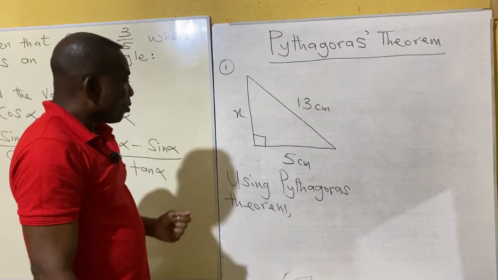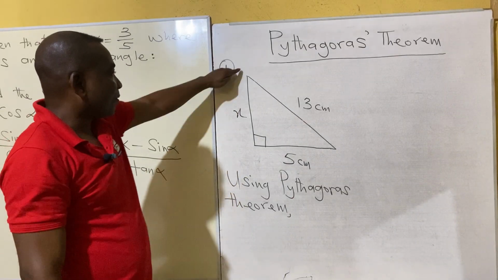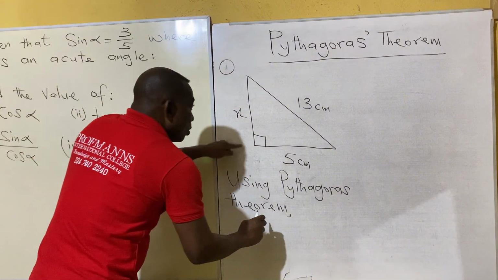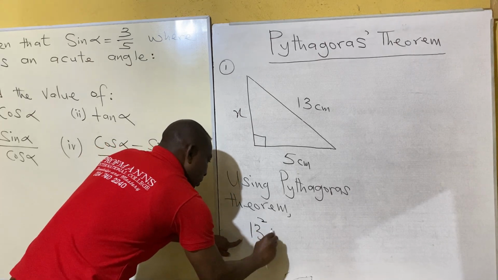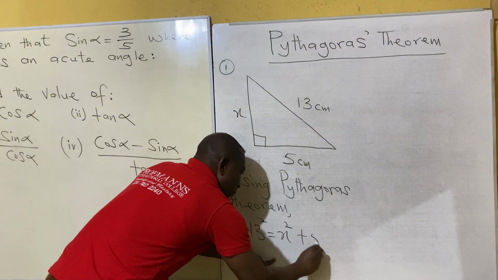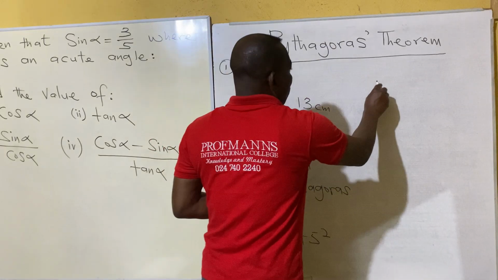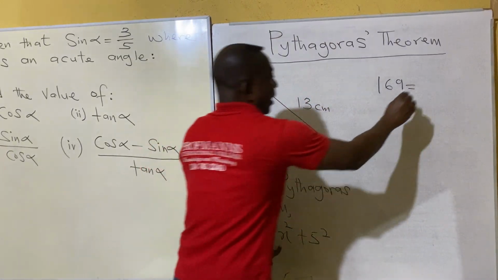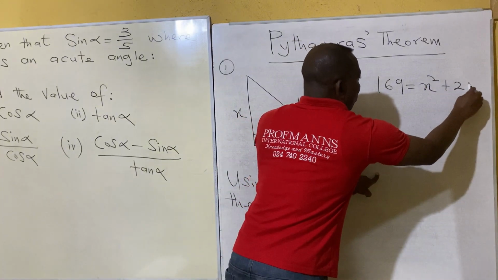Example number 1. We are going to use the Pythagoras theorem to calculate the length of side x. So, using the Pythagoras theorem, we have hypotenuse squared is equal to x squared plus 5 squared. 13 squared is equal to 169 is equal to x squared plus 5 squared gives us 25.